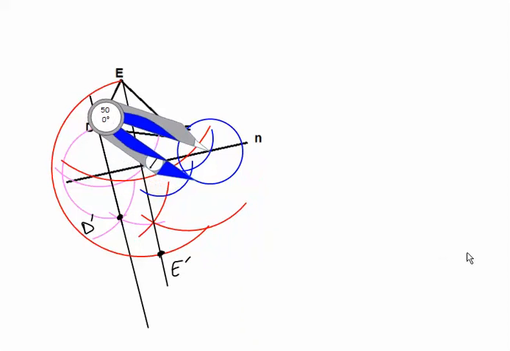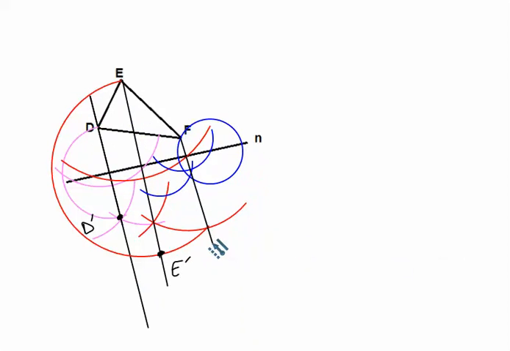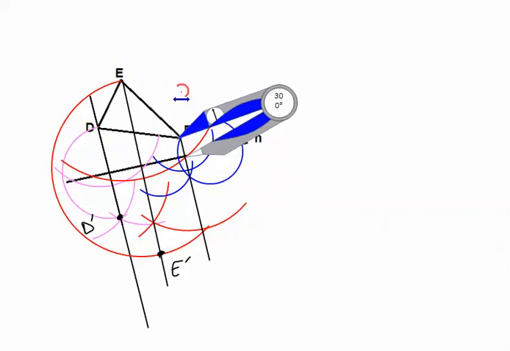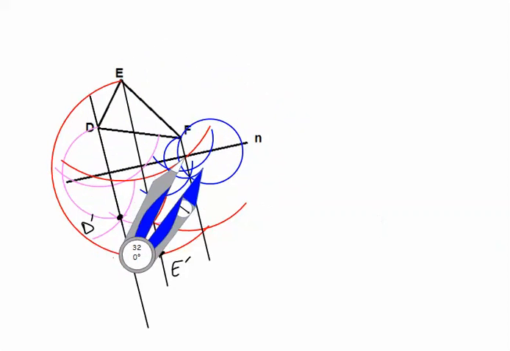Where those two arcs intersect, that's what we're going to connect with point F. So point F down through there. Look, we got the perpendicular. Last but not least, we take our compass, put the point of the compass at the intersection, put the pencil tip on F, spin it around, and where that intersects is our new point F. Right here. Label it as F prime.